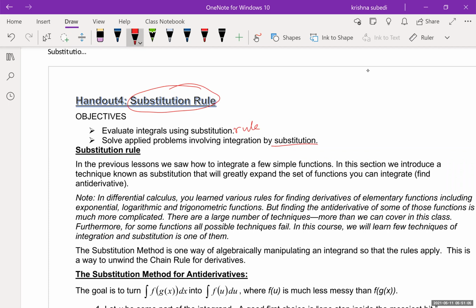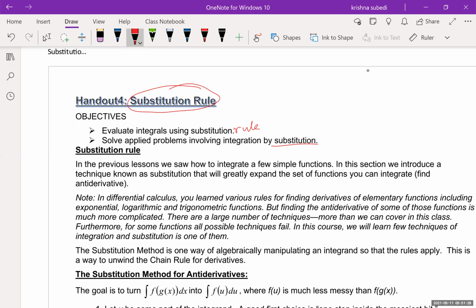In that case, there are many ways to evaluate the integral. There are many methods, by the way. If the simple antiderivative formula is not enough to evaluate the integral, then we use different methods.